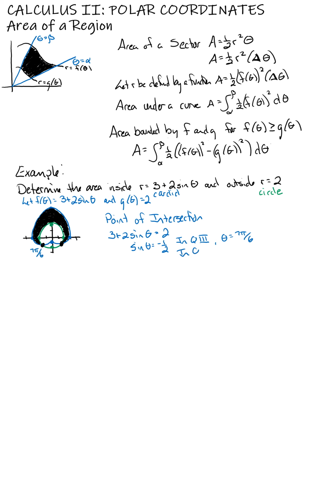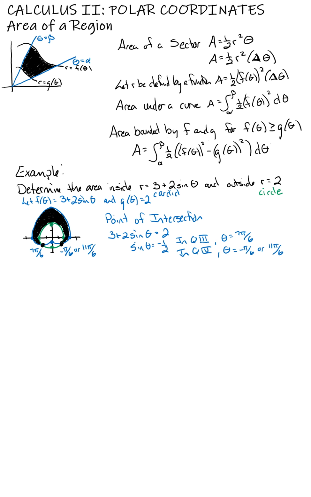And in quadrant 4, theta would be 11 pi over 6. However, I want to make note that I can also write that as negative pi over 6. Let me explain why I've decided to write both of those angles here.